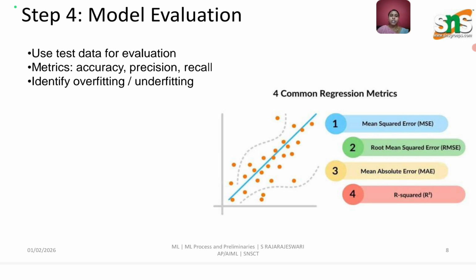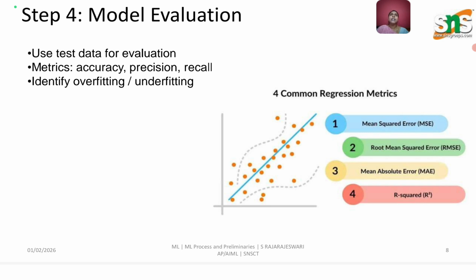Today we are going to see a brief explanation of evaluation metrics, which are mean squared error, root mean squared error, mean absolute error and R squared error. In this process we have the common regression metrics.